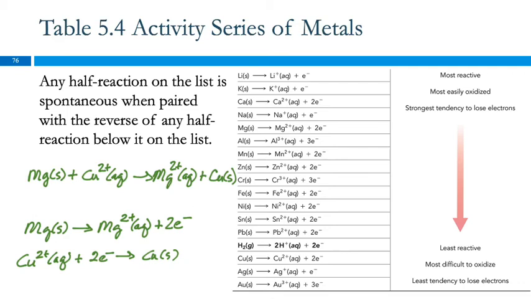Everybody okay with that? The electrons don't show up in this equation because they're transferred directly from one thing to another. But we can pull it apart and look at what's actually happening. The magnesium is losing 2 electrons. The copper ions are gaining 2 electrons. So when we talked about precipitation reactions, we looked at the ions going to a party with a partner, right?